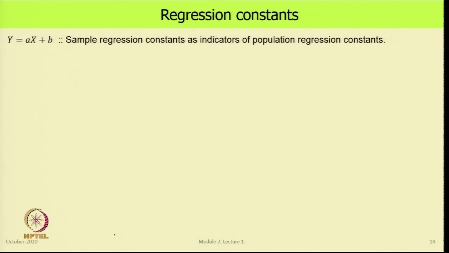We have all these regression constants coming in, and if we had a population, that means an infinite number of experiments from which the y values came, then we can make a population regression of the nature that y is equal to alpha x plus beta tilde. So, this is the population regression.